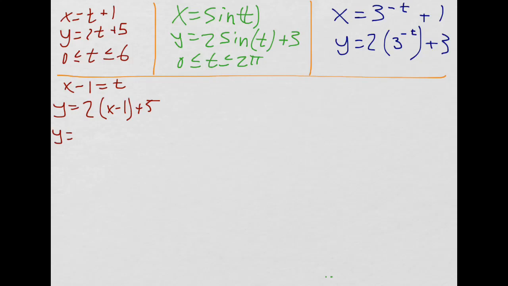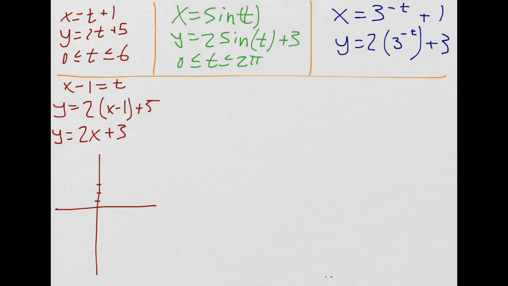Simplifying it again, y equals 2x minus 2 plus 5, which is 2x plus 3. So I know I'm dealing with a nice linear equation here. Y-intercept at 3 and a slope of 2.